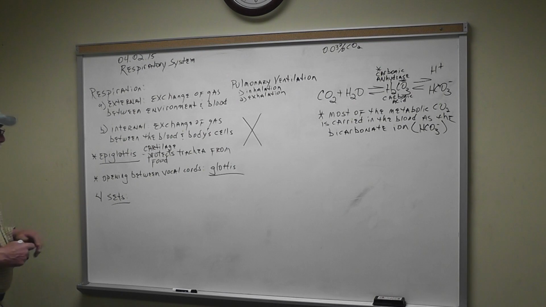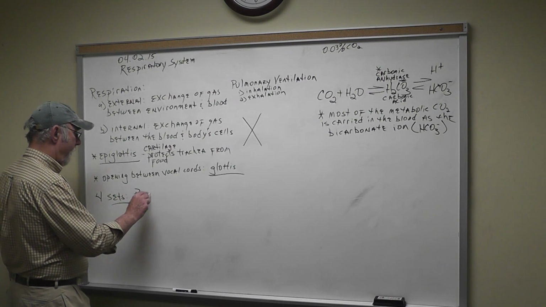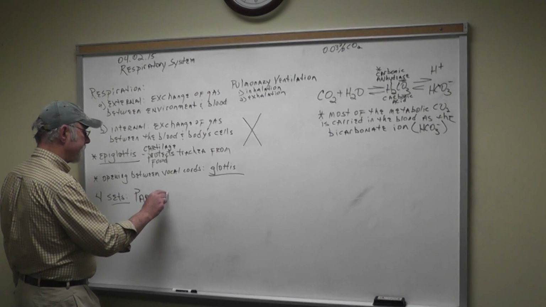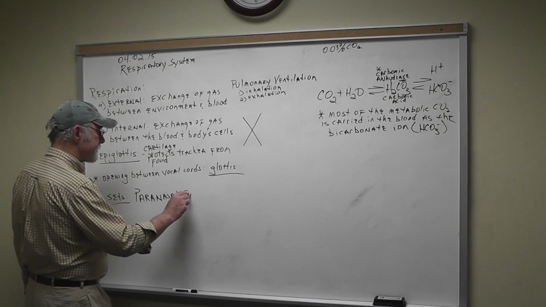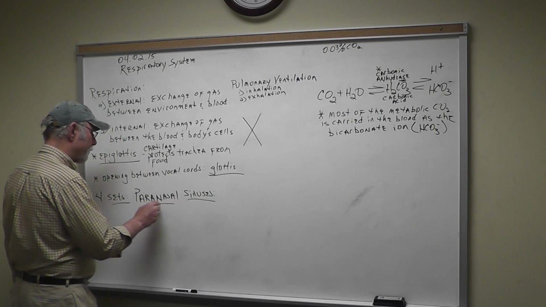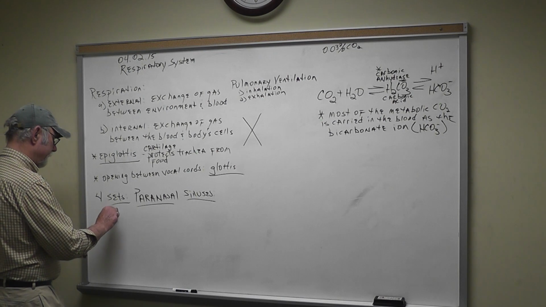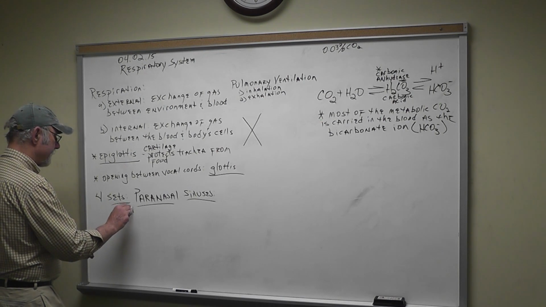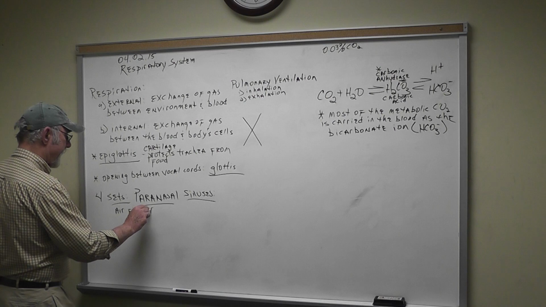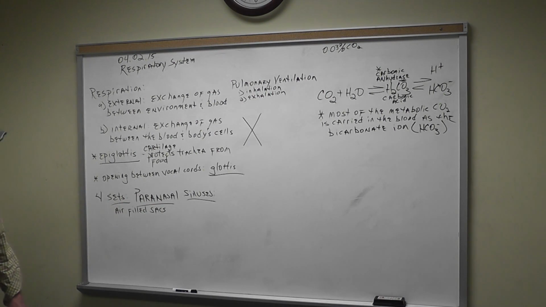All right, we have 4 sets of what are called paranasal sinuses. Okay, and these are normally air-filled sacs lined with mucous membranes.